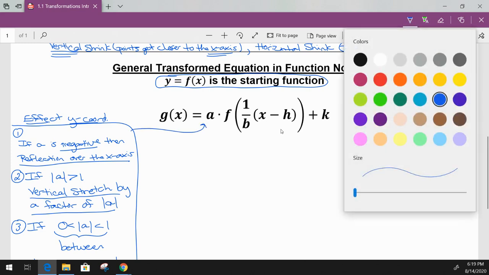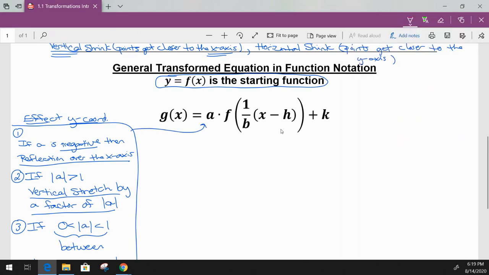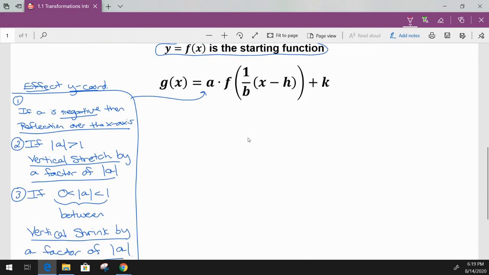Moving on now to B. So B is going to basically do the exact same thing as A did, but instead of affecting the y coordinates, it's now going to affect the x coordinates because it's on the inside of the parentheses with the x. And you're basically multiplying by the reciprocal of this B value. That's why we have it as 1 over B. So 3 things that it can do.